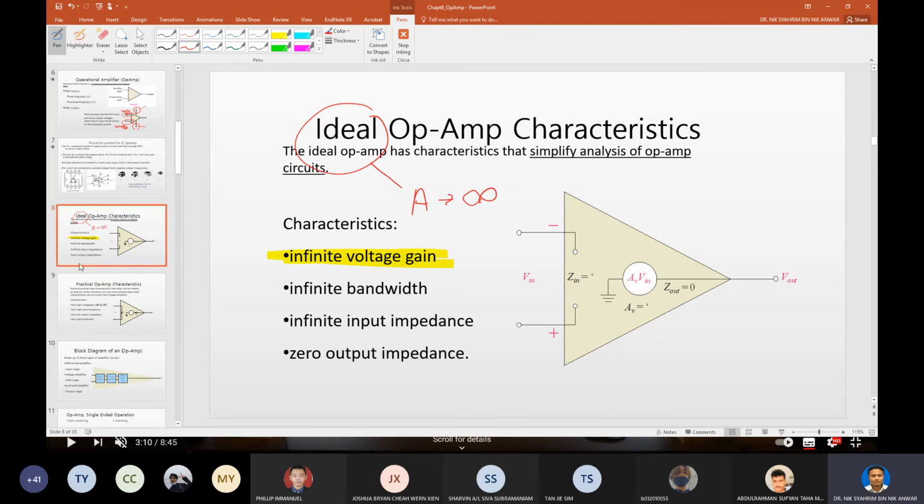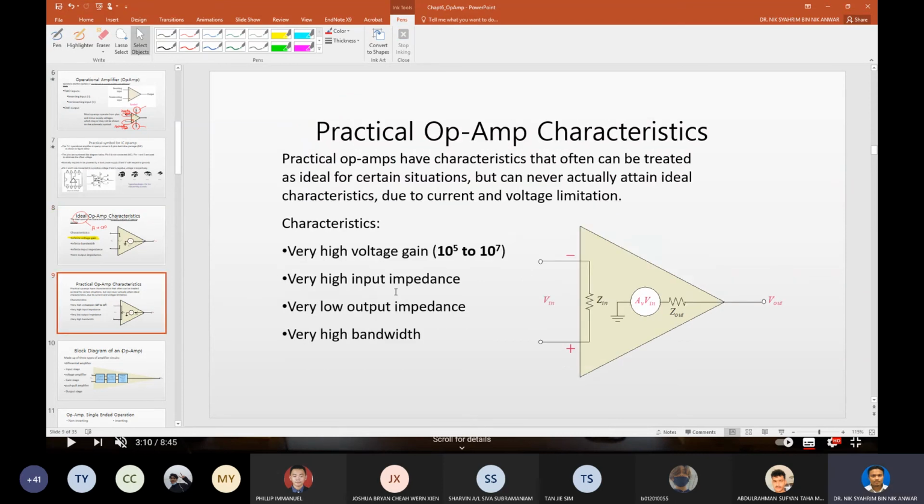But for a practical op-amp, of course, in reality you cannot achieve infinity, but still it's a very high voltage gain. As you can recall, just now we saw an example of 200,000, or equivalent to 2 times 10 to the power of 6. These are typical values of the gain, which is very high.